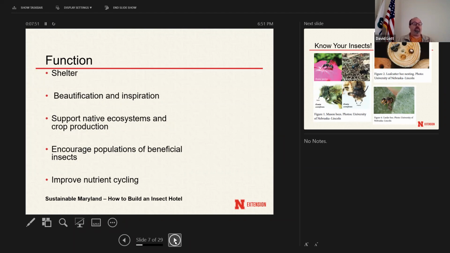They are for beautification and inspiration. So they help bring more good insects into the environment because you provided a home. You support the native ecosystem and crop production by having them placed in the yard and landscape in the neighborhoods. Encourages our beneficials to come back.